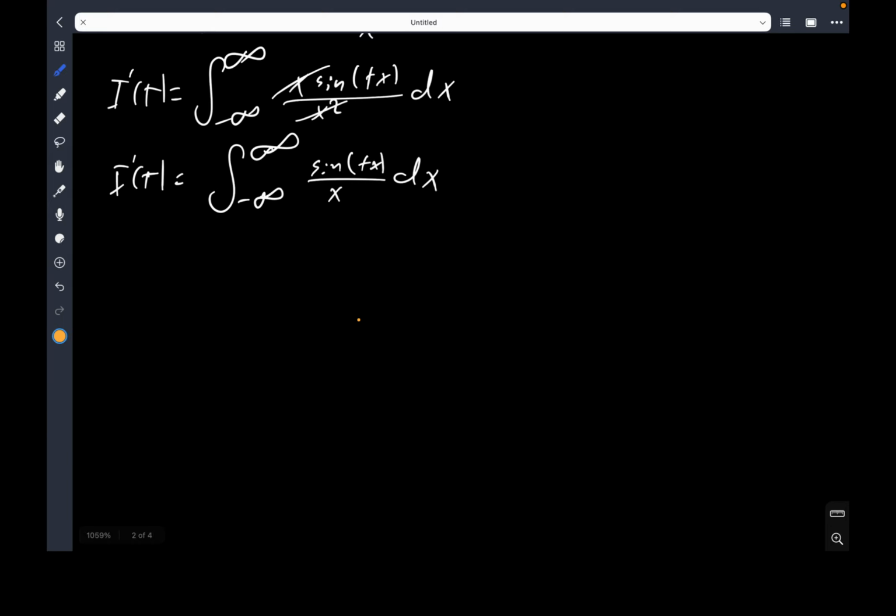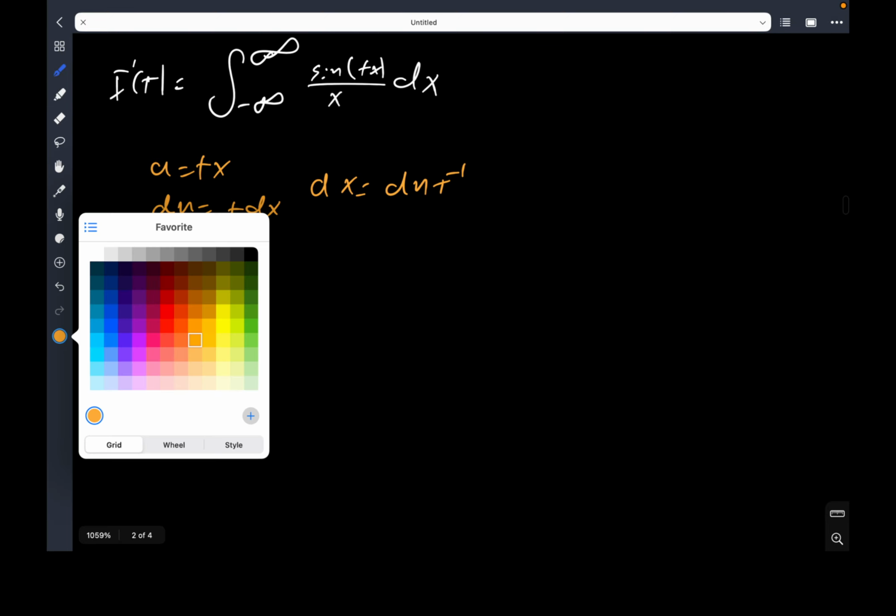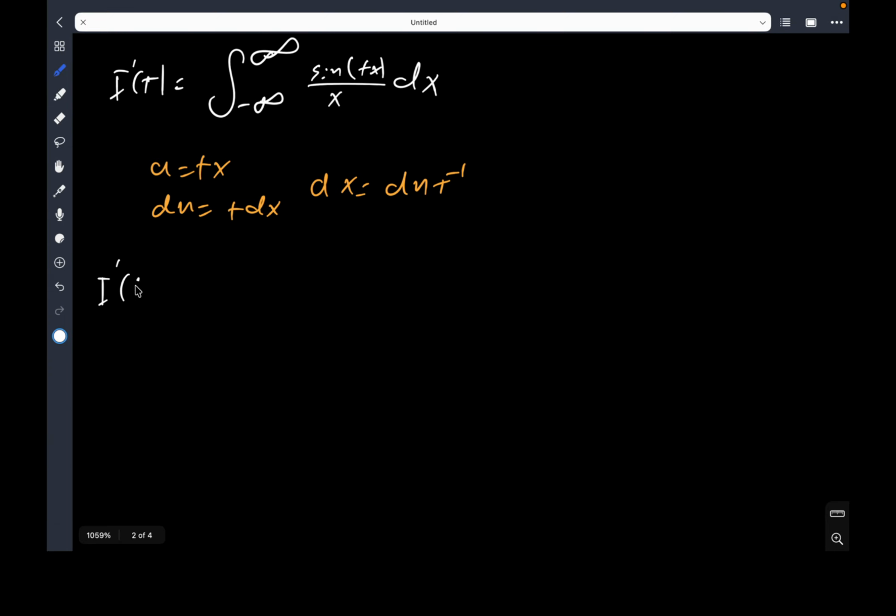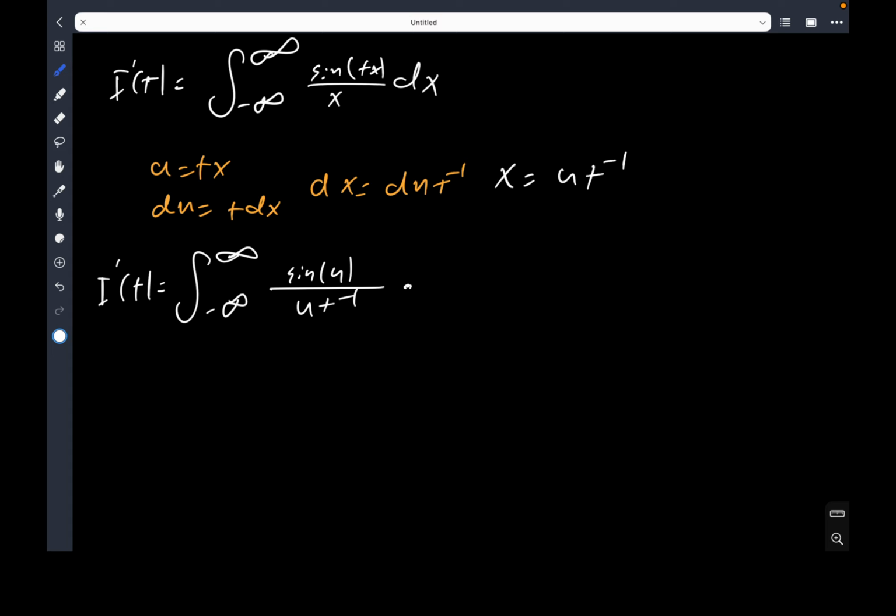Now I'm going to do a variable substitution. I'm going to say u equals tx, du is t dx, and dx is du t to the negative 1. Doing this substitution gives me the integral of sine of u over x, where obviously x is u t to the negative 1, times du t to the negative 1.